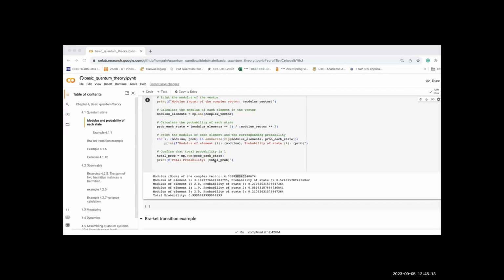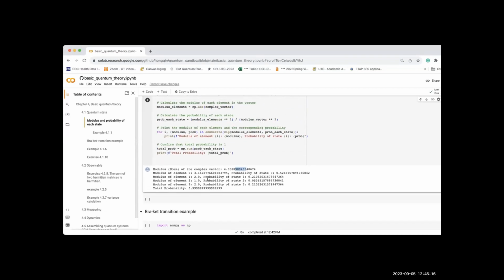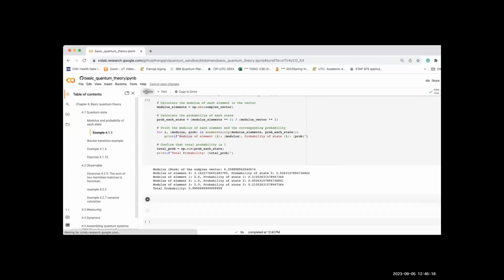Now this is a good exercise. Multiply. Well, it doesn't copy and paste, okay, I have to type it in.